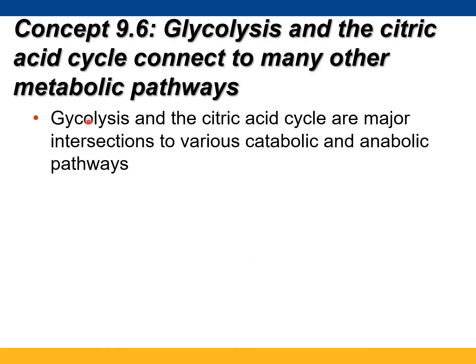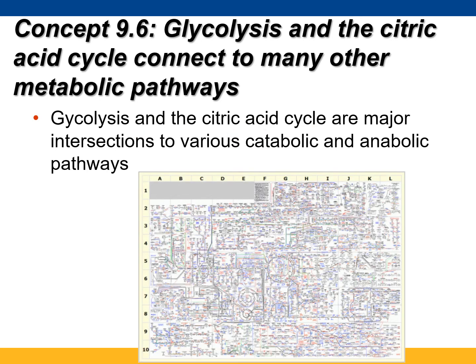And connecting glycolysis and the citric acid cycle, they don't just feed into electron transport or fermentation, they literally feed into almost all of the metabolic processes of the cell. Right here, this circle right here, it's actually going this way. This circle right here is citric acid. But if you look really closely, you can see that these lines connect to all different areas of the body.